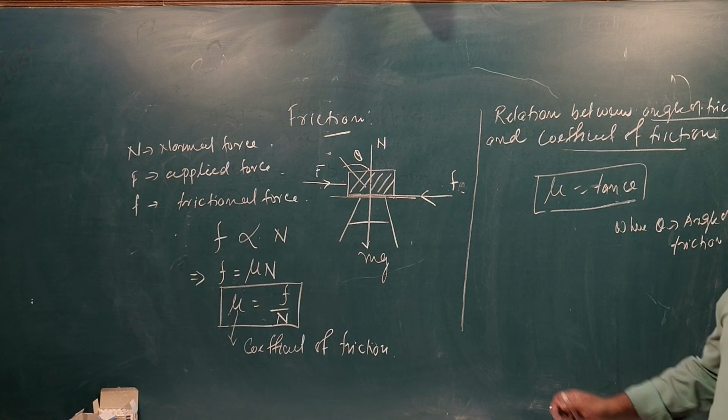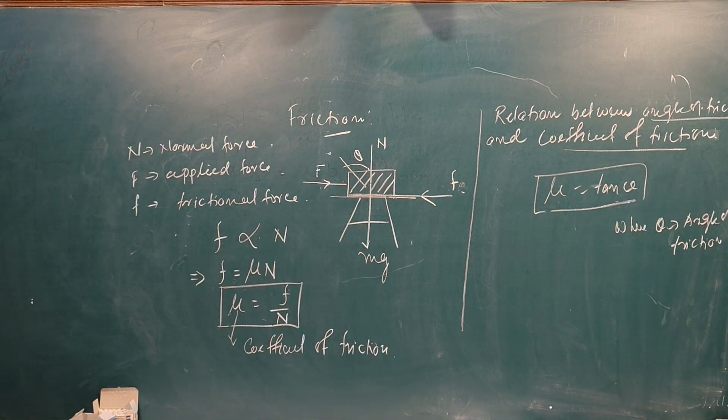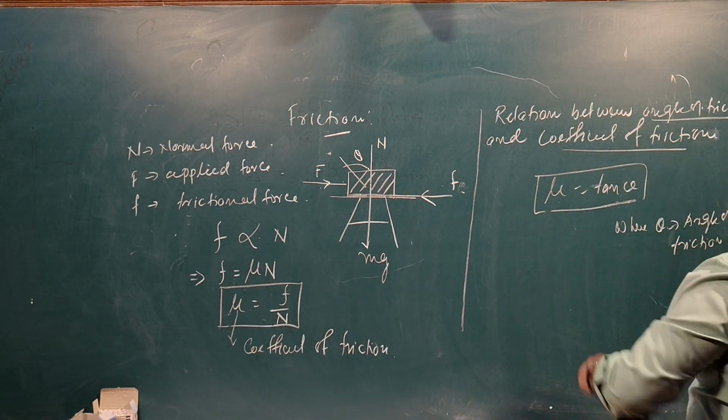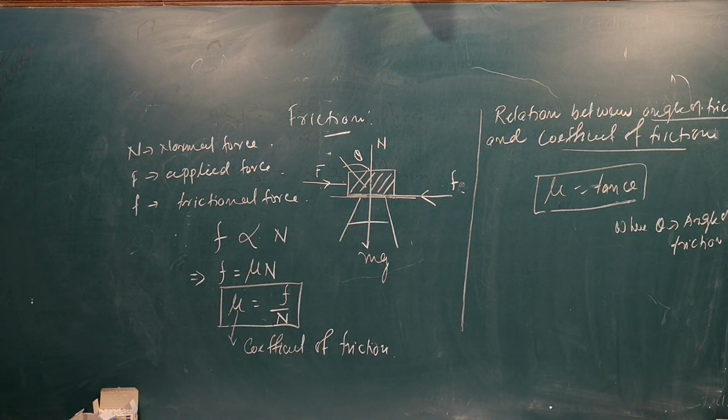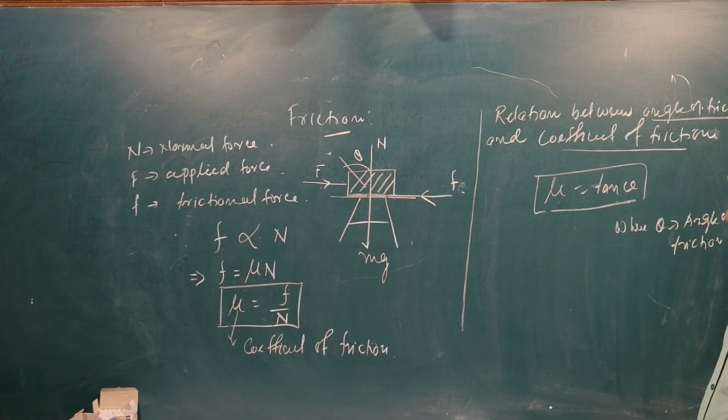Now another thing. So this is the idea of friction. Basically, in case of friction, you remember this is called angle of friction, and this is called coefficient of friction. Now, in case of an inclined plane, this is a normal, and for an inclined plane, what will be the angle of repose?